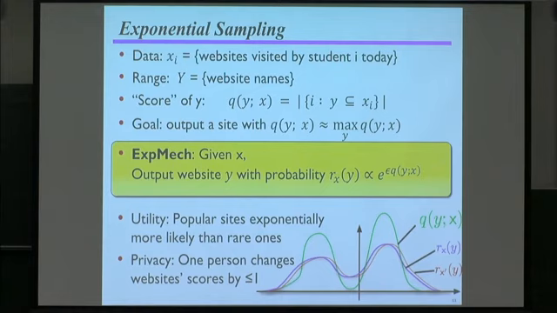Then I'll take one sample from it, and that'll be my output. This looks kind of complicated, but it turns out implementing this isn't as complicated as it might look.